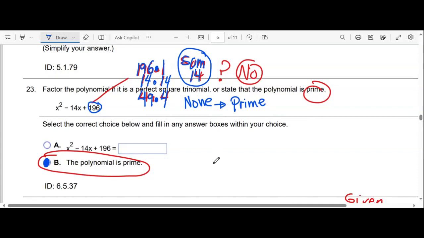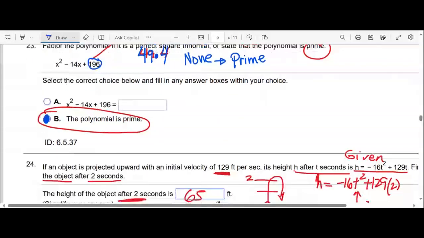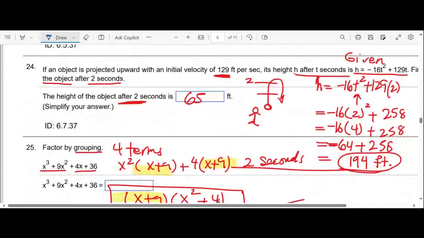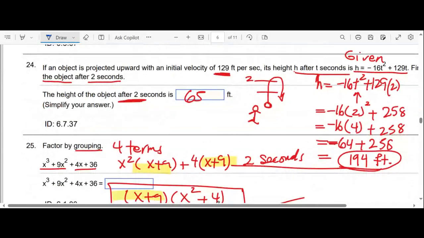Okay, next question number 24. Turkey, read. If an object is projected.